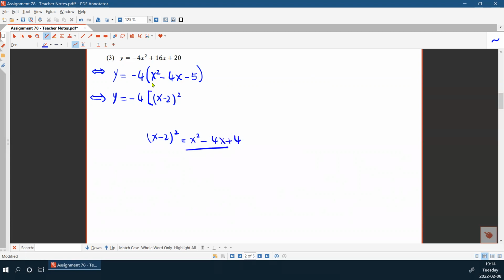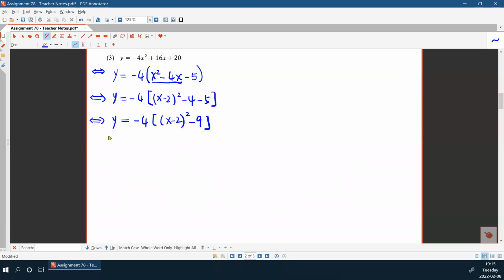First two terms are exactly the same as the first two terms here, but there is no plus 4, so it means subtract it here. Then copy the rest of the expression. Okay, so this is equivalent to the original expression. Actually, they are the same, right? And y equals then -4 times (x minus 2) squared, -9, right?